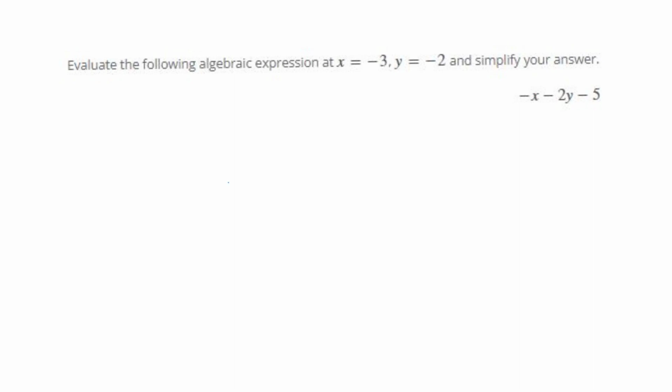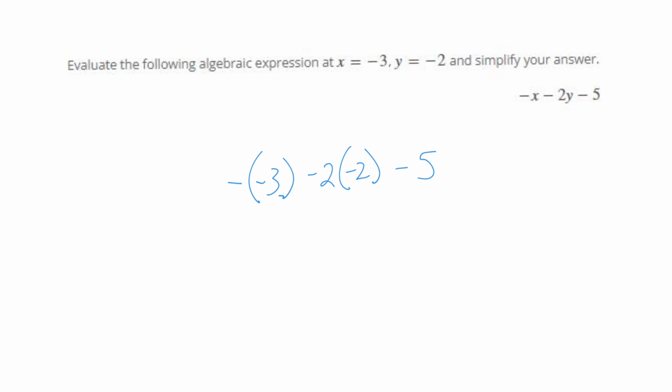So it's going to end up a -3. Now I'm going to take this -2 that y is equal to and put it right there. So it's going to end up -2 times -2. And then I still have the -5 out to the side. Order of operations says I should be doing any multiplication before I do any addition and subtraction.